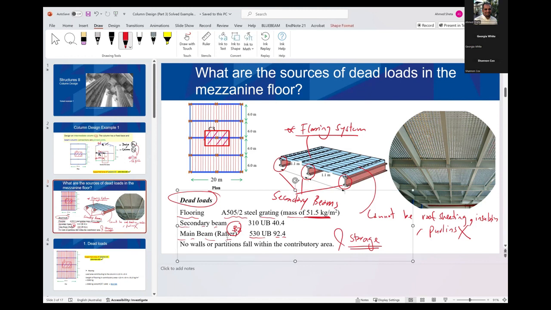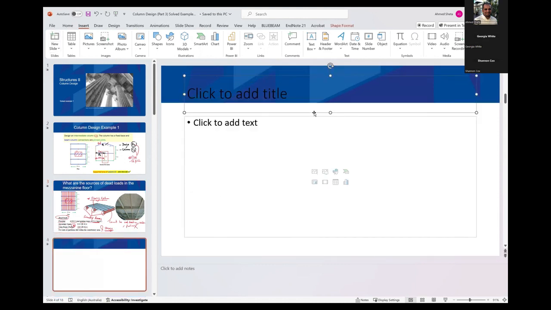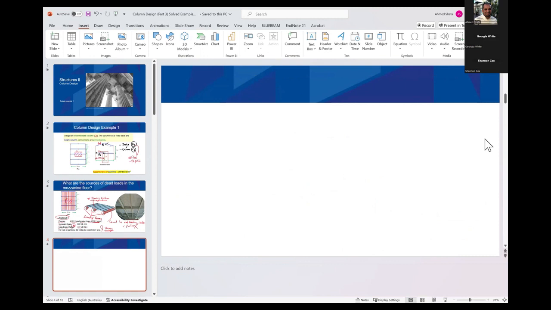So I will just add another slide here because this part is not included in this example for the beam design, the steps for beam design. Again, for dead load, we assume steel grating.